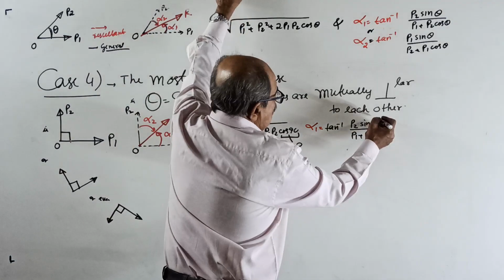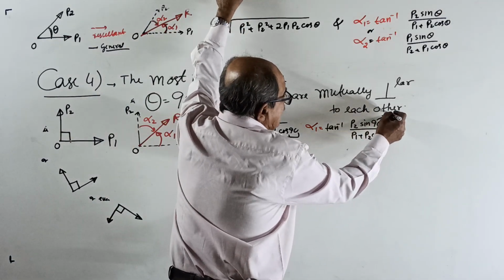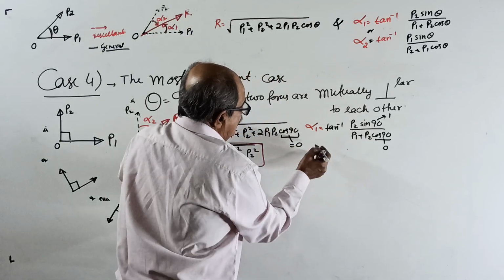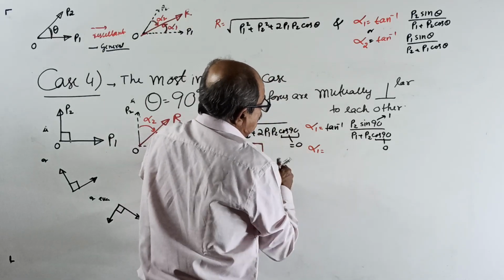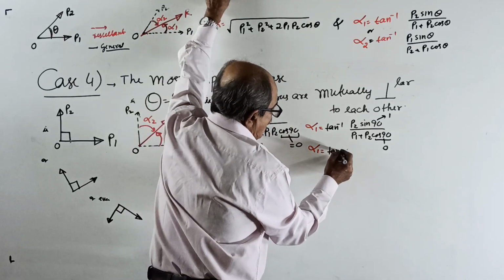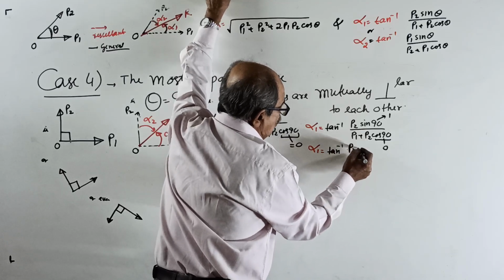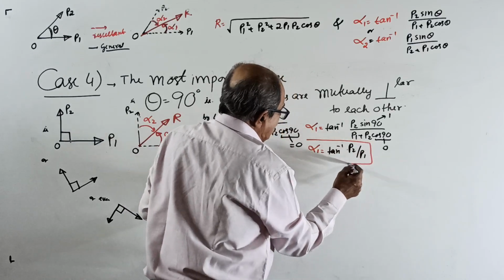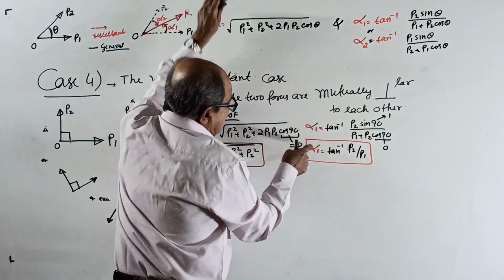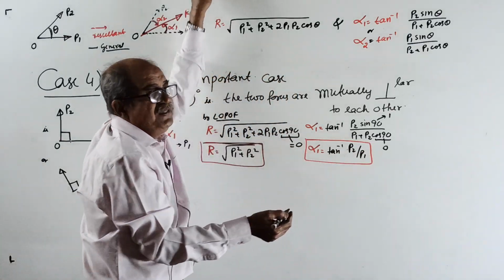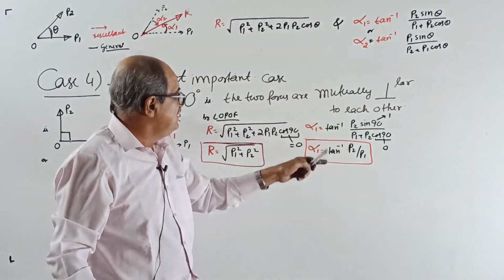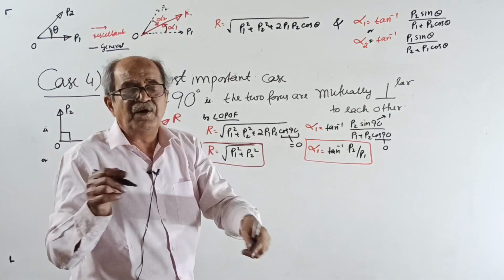Now you all know sin 90 equal to 1, cos 90 equal to 0. Therefore, alpha 1 equals tan inverse of P2 by P1. Remember, P2 by P1, not P1 by P2. Alpha 1 is the angle made by the resultant with the force P1. This all I will explain in the second half.